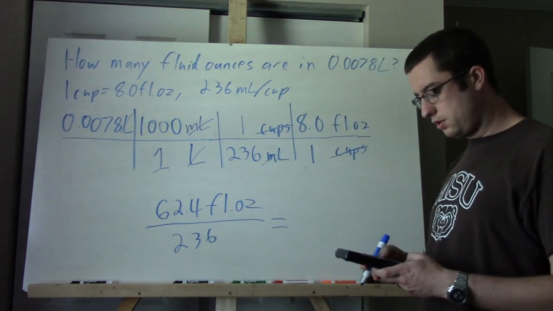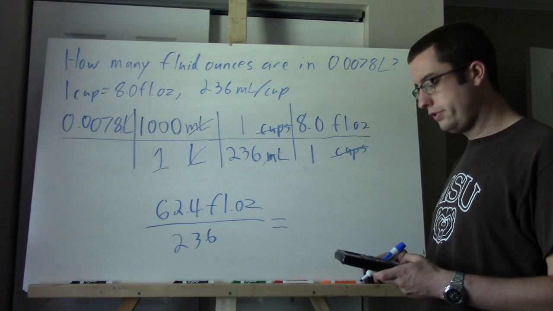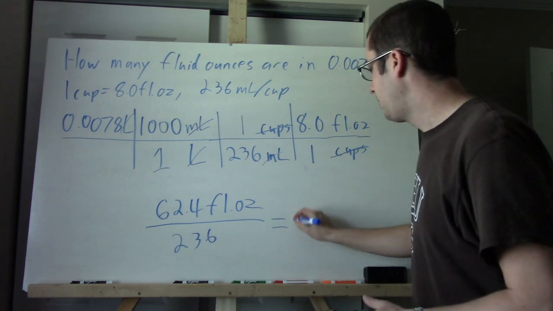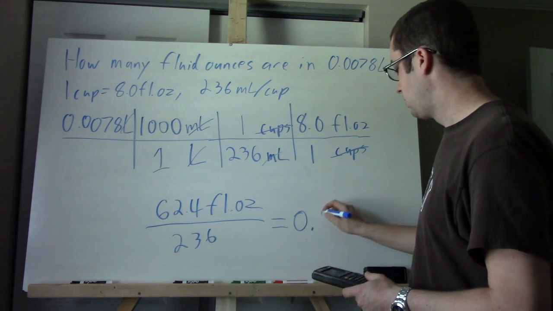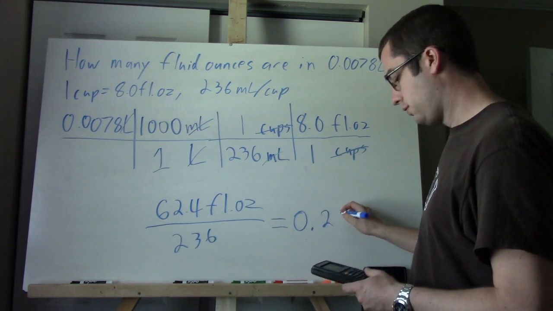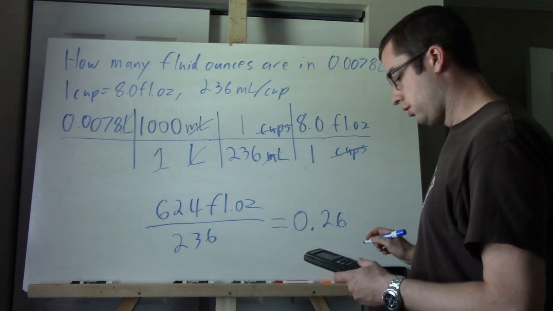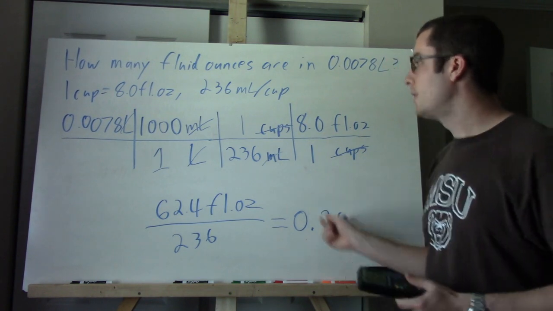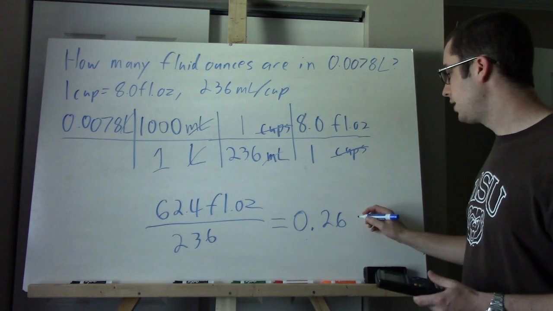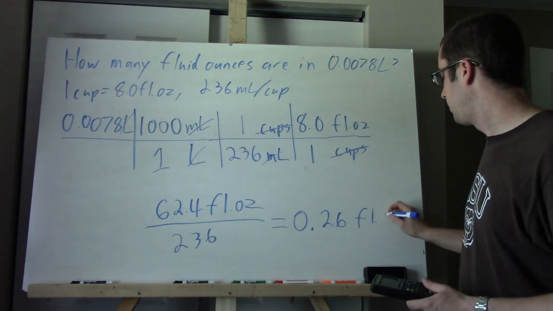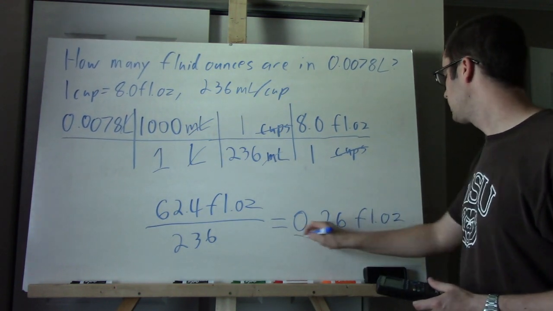So we do 62.4 divided by 236, and we wind up with an answer of 0.226 to match up with our significant digits. Make sure we've just got the 2 there. Fluid ounces.